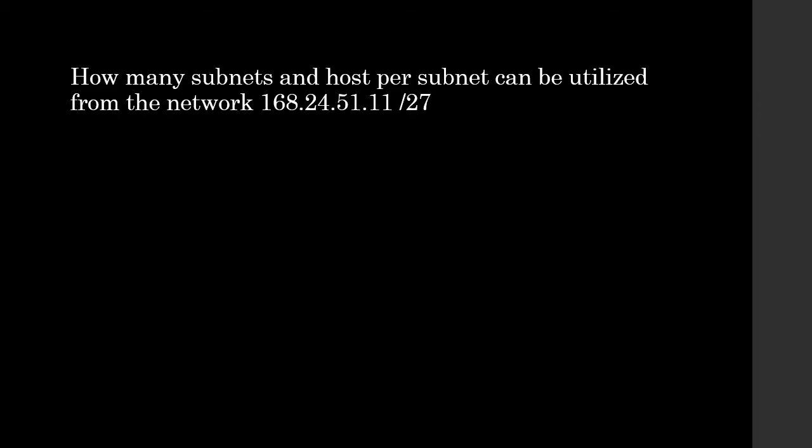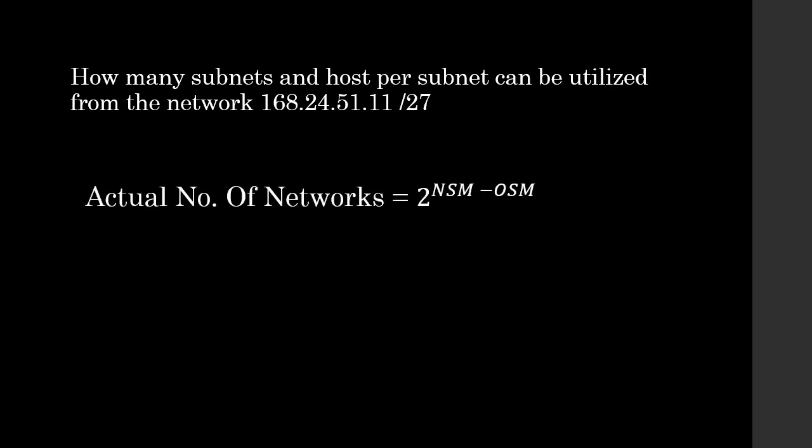For our third example, how many subnets and hosts per subnet can be utilized from the network 168.24.51.11/27. So, actual number of subnetworks ay equal sa 2 raised to new subnet masks minus old subnet masks or default subnet masks. So, which yields to 2 raised to 27 minus 16.